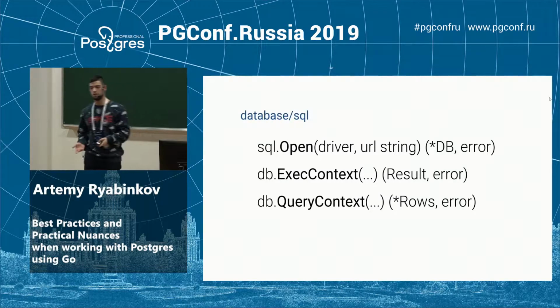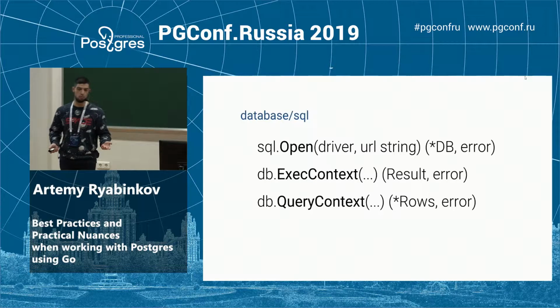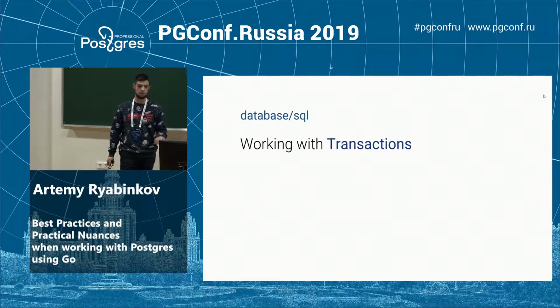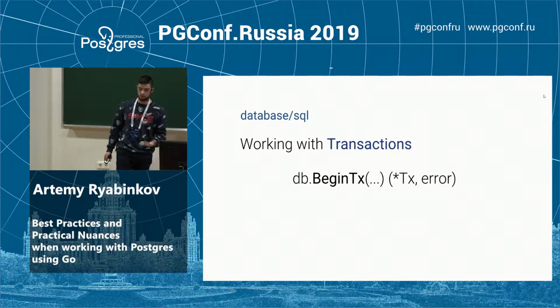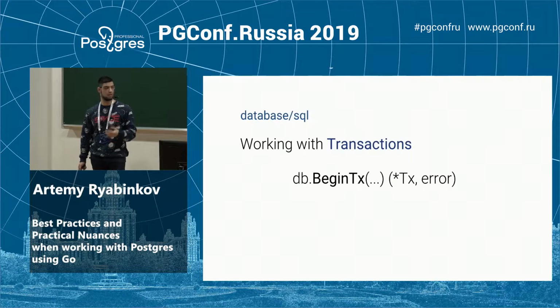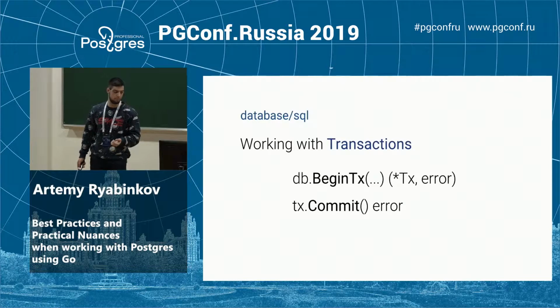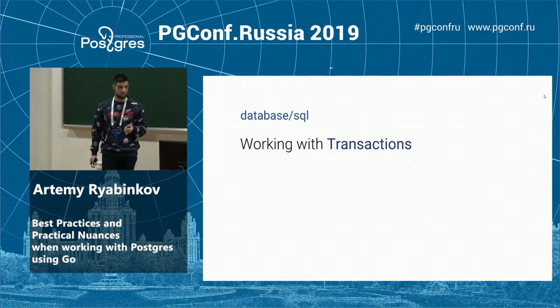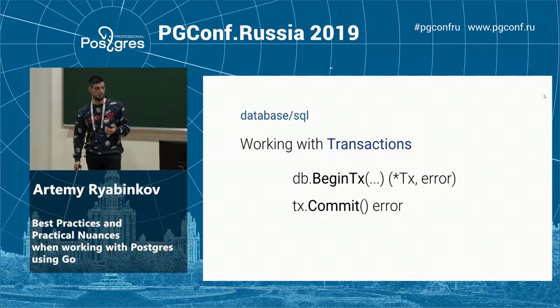This API can be used for every SQL-like database. For working with transactions, we can use specific methods. We can start a transaction and commit it. But the transaction object has a similar API that a database has. That's why we can conduct similar operations.